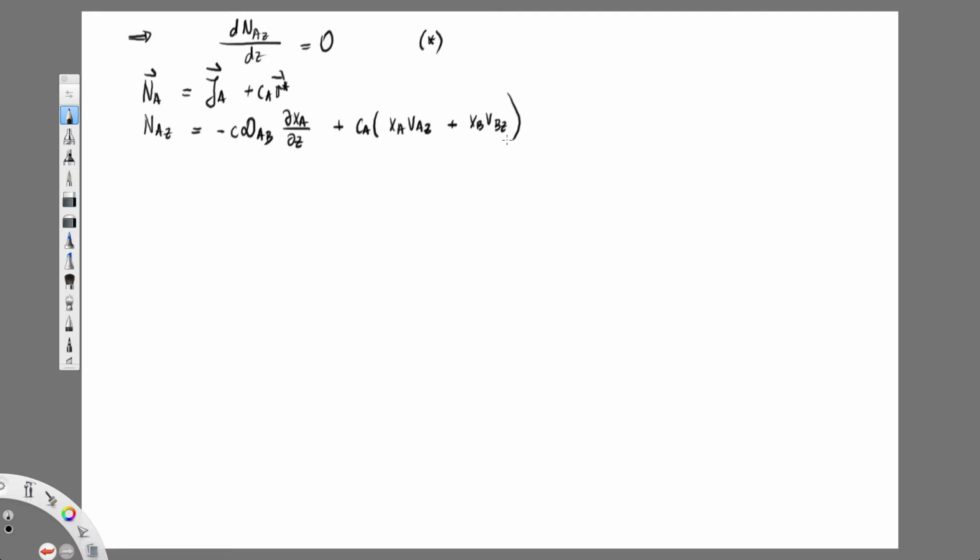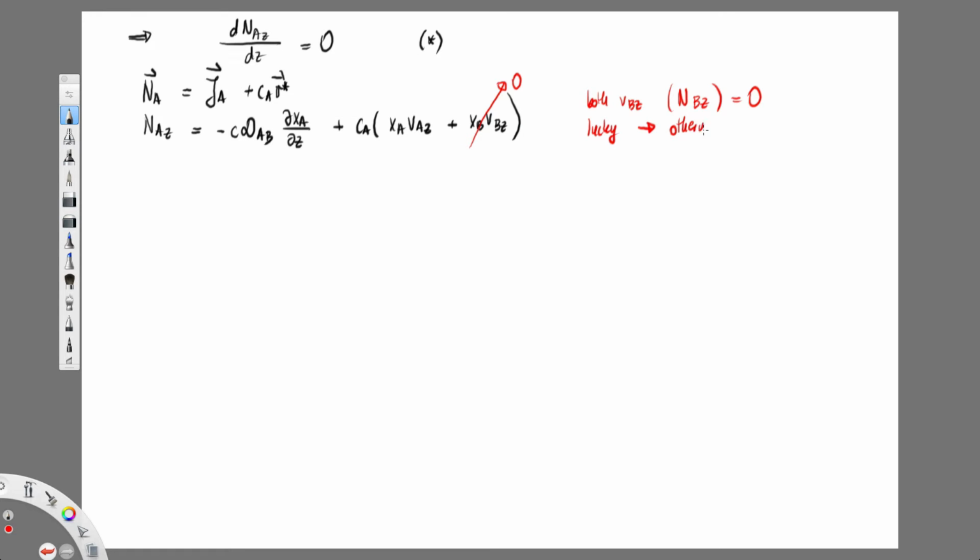Otherwise, you have to figure out what it is. So both VBZ, and that's essentially my NBZ, are 0. That's lucky.